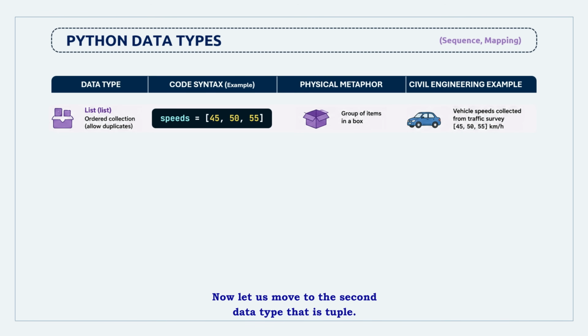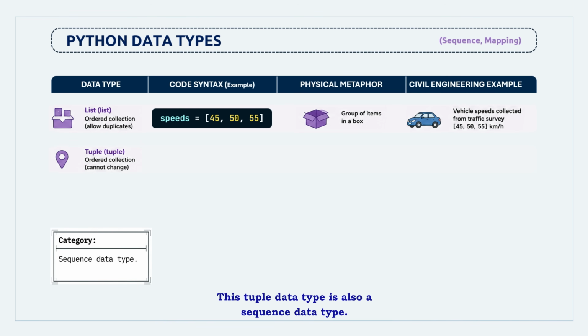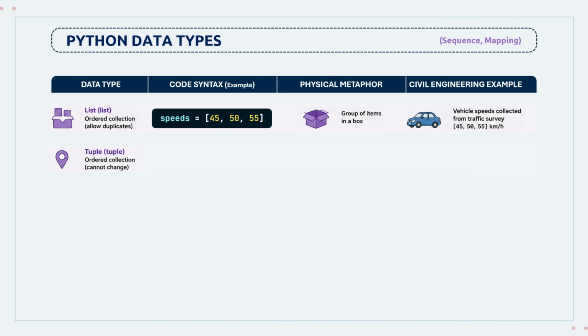Now let us move to the second data type, that is tuple. This tuple data type is also a sequence data type. That means items are stored in order and sequence is maintained. But there is one major difference between list and tuple.